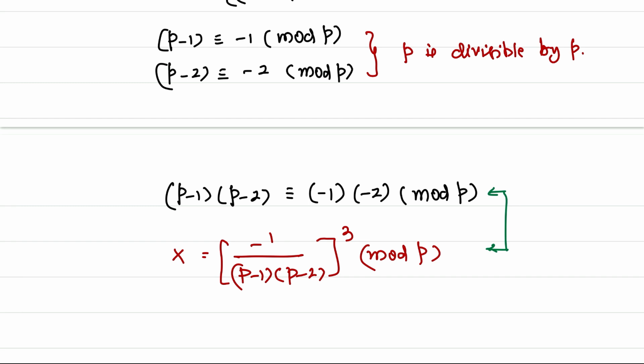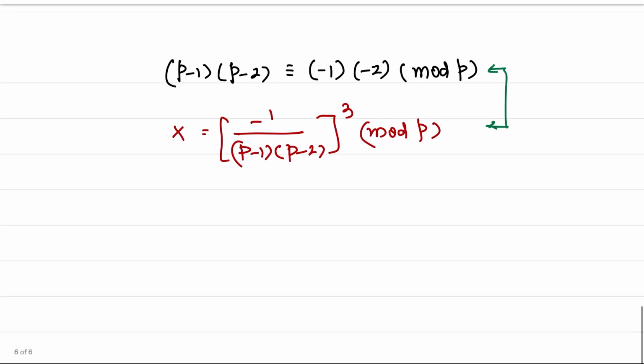Then, while connecting these two, what happens? The next step will be very, very vital. (P minus 1) into (P minus 2) is equivalent to minus 1 into minus 2.